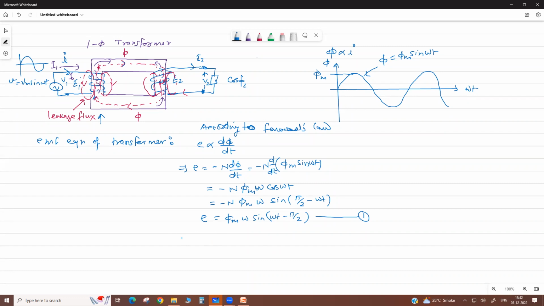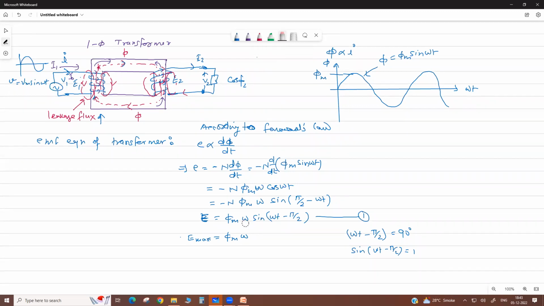Now for E maximum: when omega t minus pi by 2 is 90 degrees, then sin of omega t minus pi by 2 will be 1, and the flux is maximum. The maximum value will be n phi m omega.